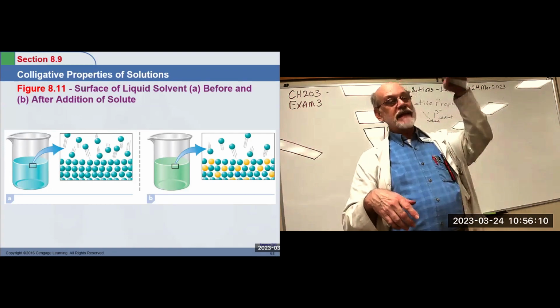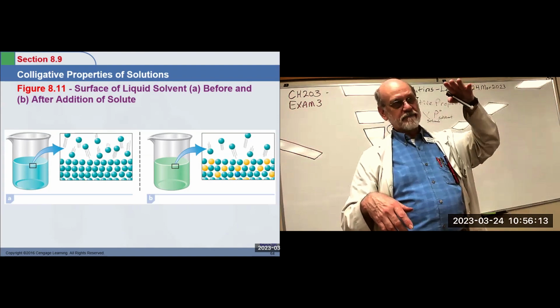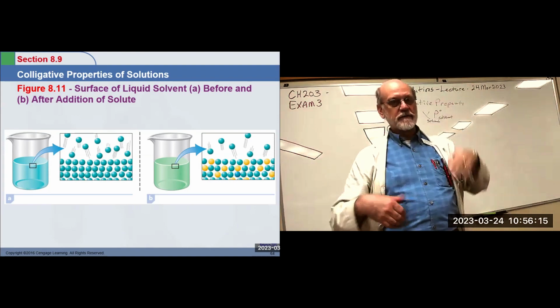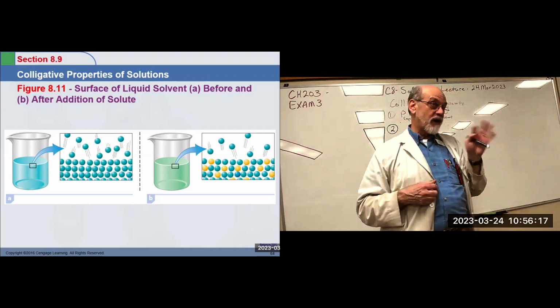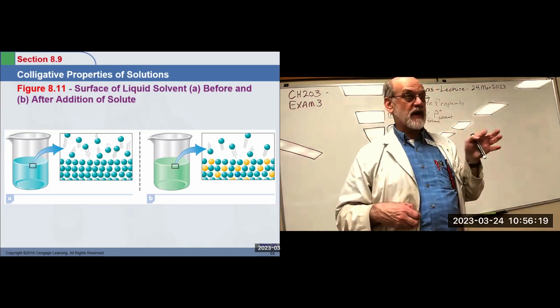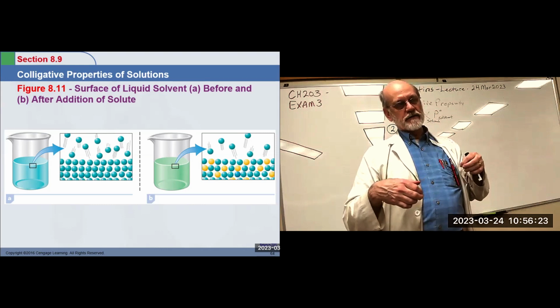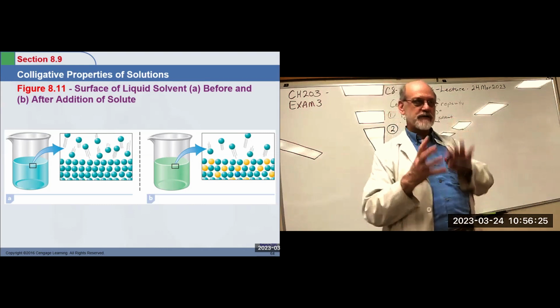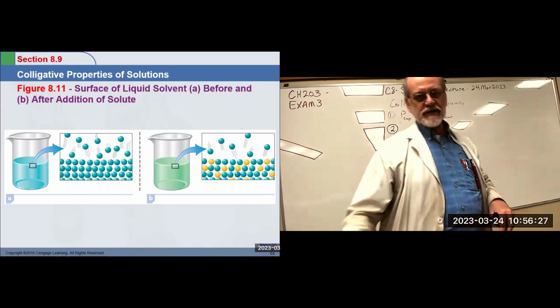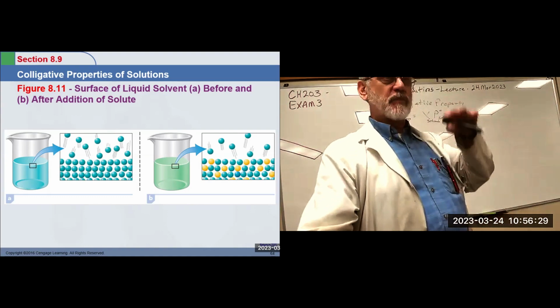So you don't get as many in the vapor phase, and that decreases the pressure. But also there might be interactions between the solvent and the solute that are holding the solvent molecules back. So you get those two processes that are decreasing the pressure.